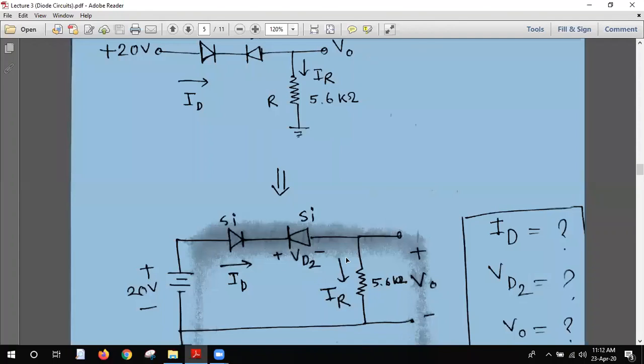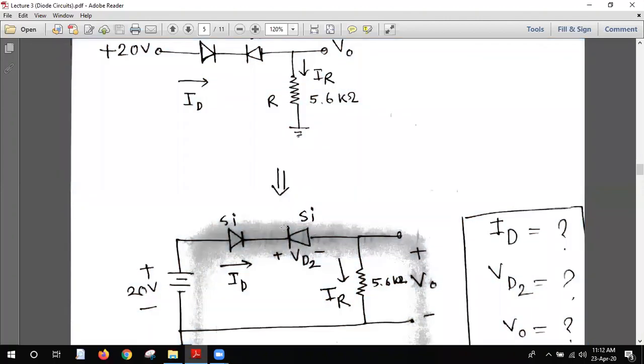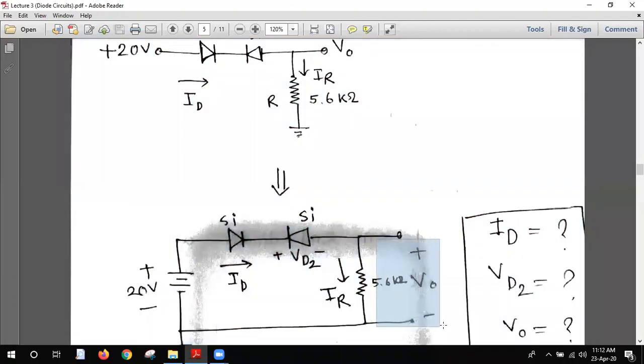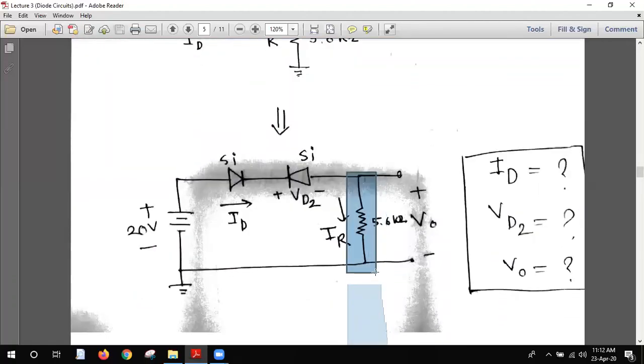We need to find the diode current ID, the voltage VD2, that is the second diode voltage, and also the V output, the voltage across the resistance. I think you have already studied electrical circuits, so you will understand very properly.